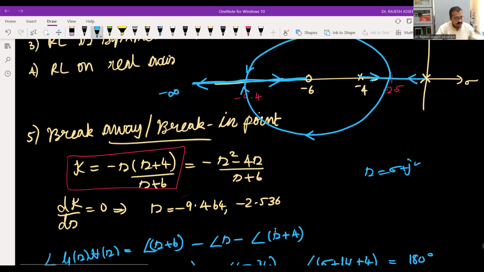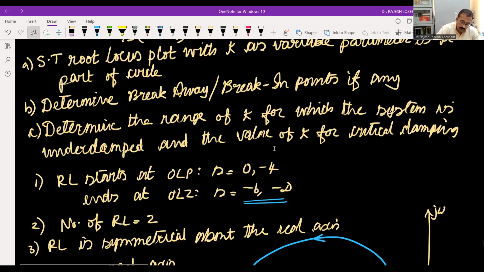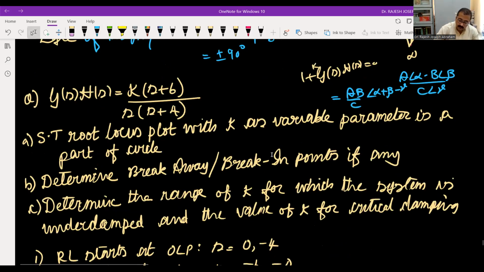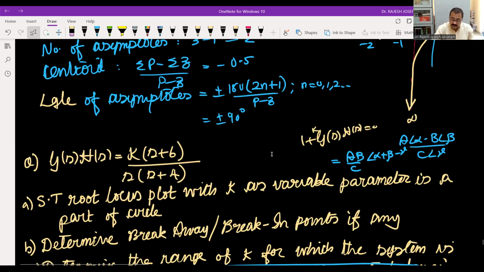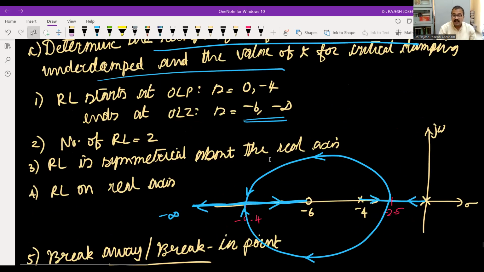Now, what's the next part? We need to find the range of gain k for which the system is underdamped. Okay, so see here, when will the system be underdamped? System will be underdamped when the poles are complex conjugate. Okay, that means it has to leave from this point, right?